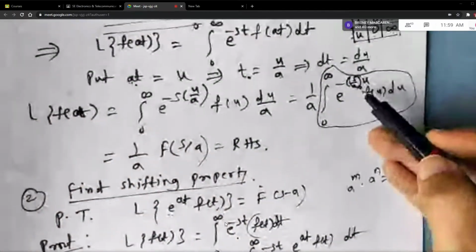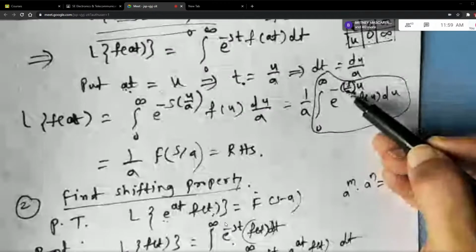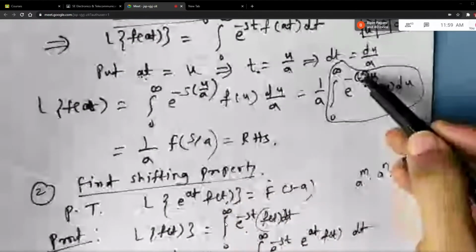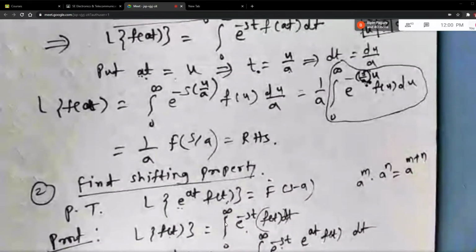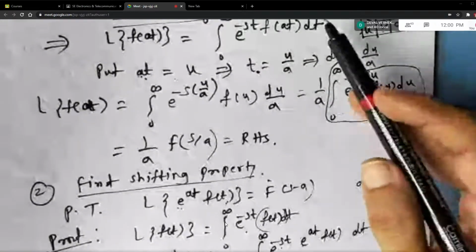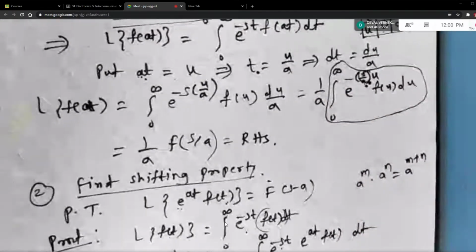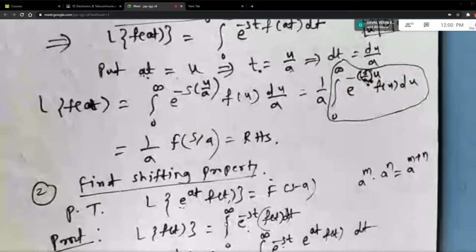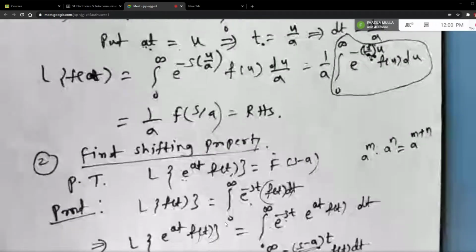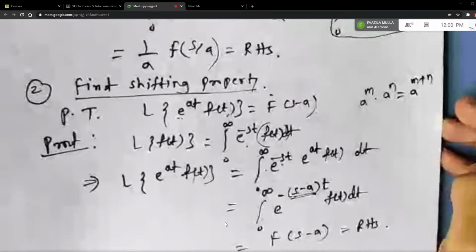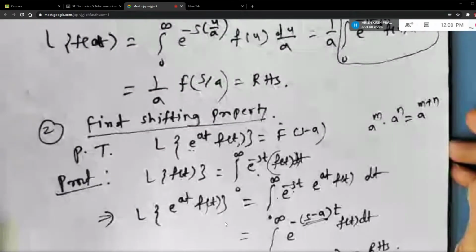So here in place of s, what you have? s by a. So it will be capital F of s by a. Okay, all other things are there, no? Direct comparison with the formula. Okay. Any other doubts?